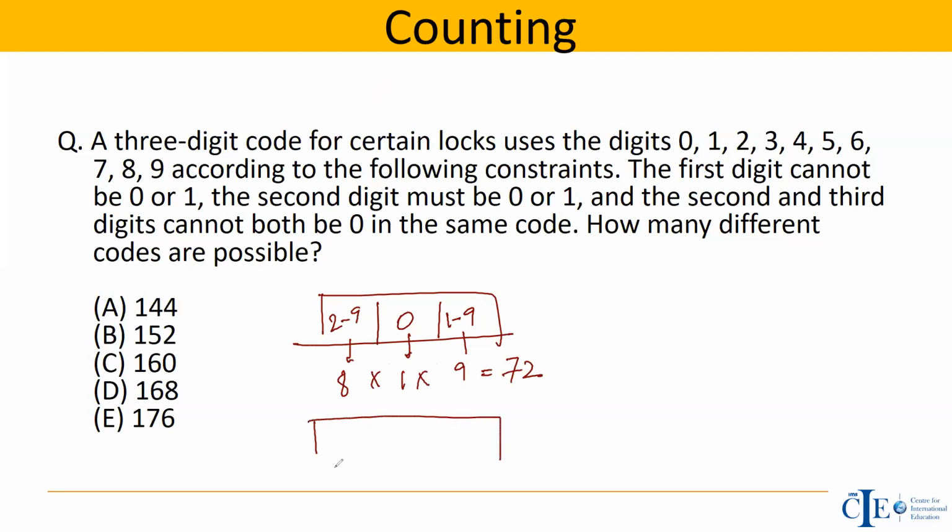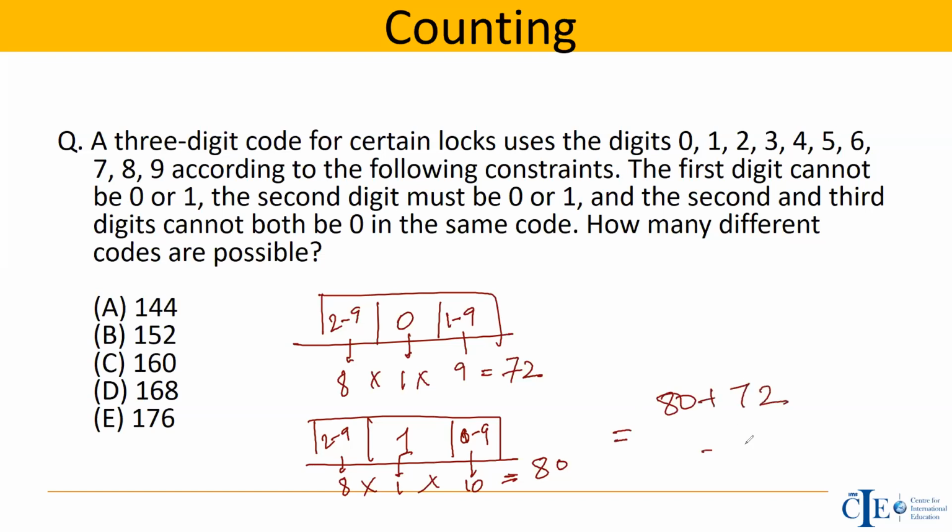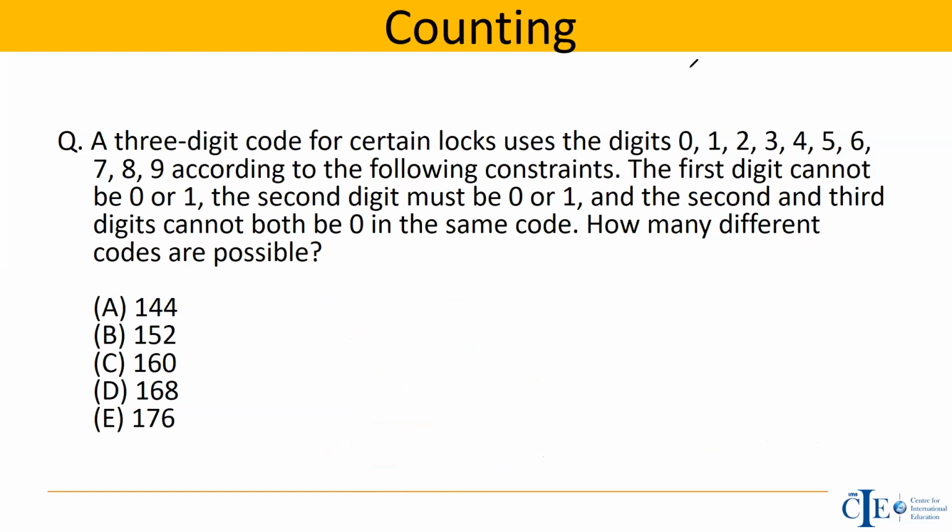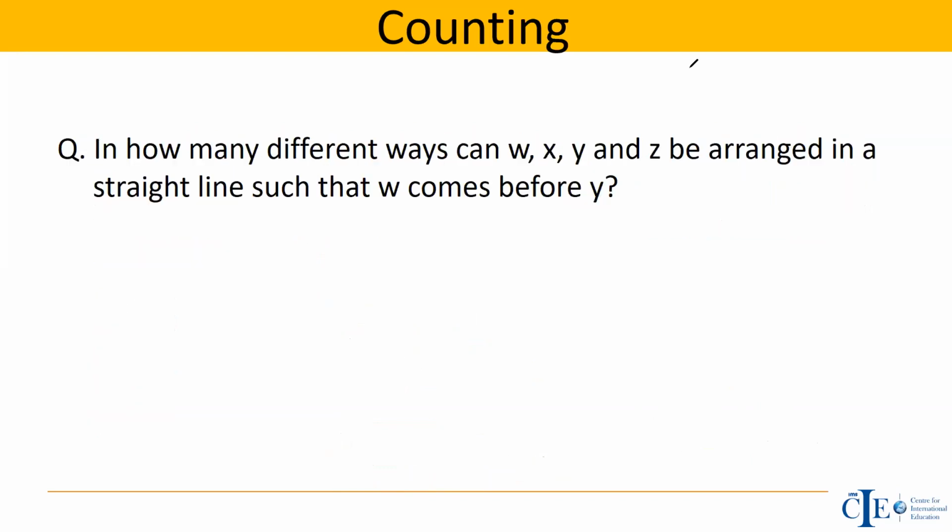Second case, when it's 1, you can have again 2 to 9, 0, 1 not allowed. 8 possibilities, 1, and you can have anything from 0 to 9, 10, which is 80. So 80 and 72, which is 152. You get it like this as well, right?